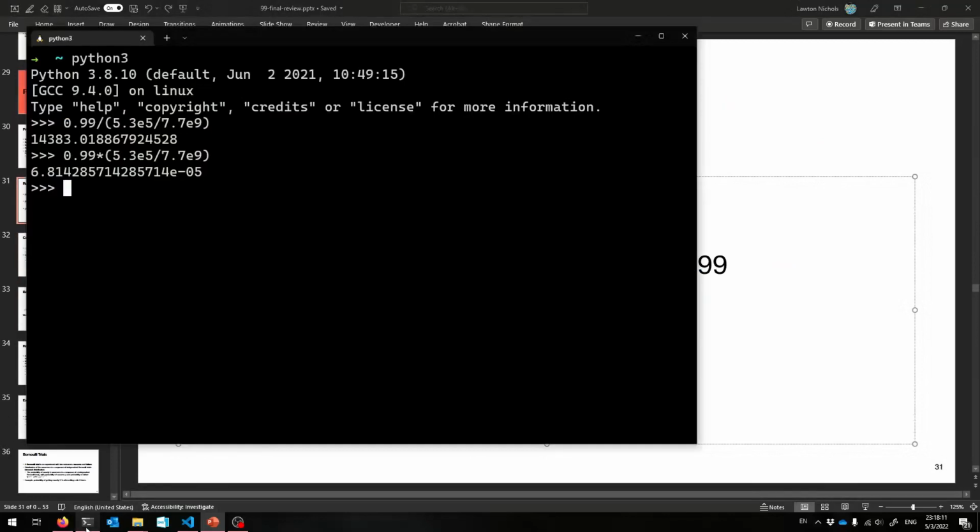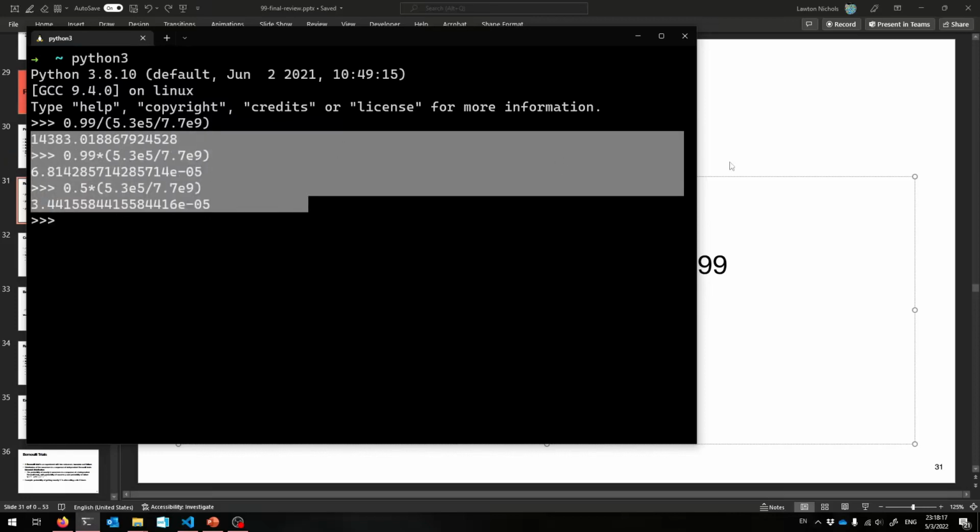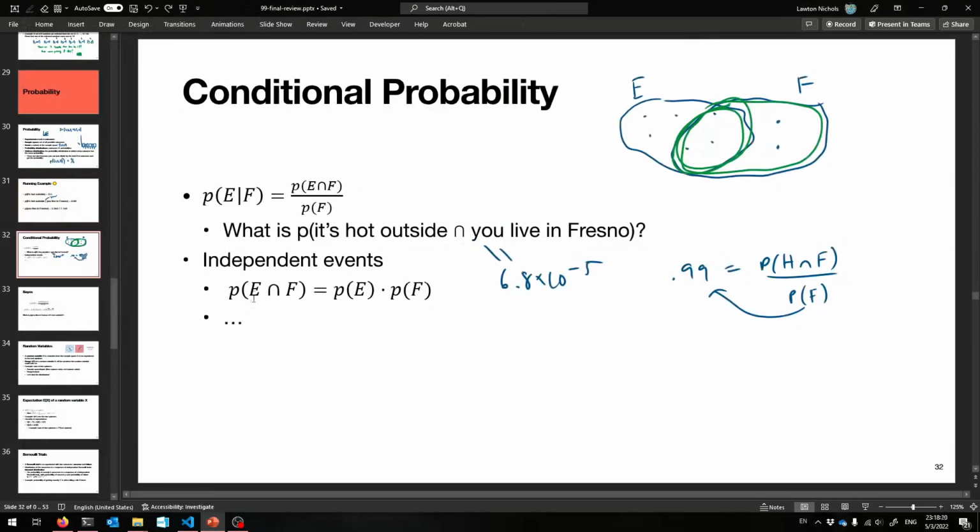I have a feeling that's not correct. Yeah, just by looking at it, these are different numbers. And so for my made-up example, these are not independent events. It being hot and you living in Fresno. It's very likely that it's hot.